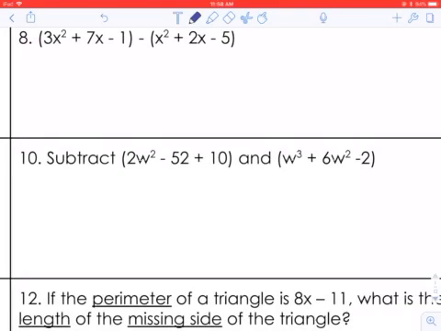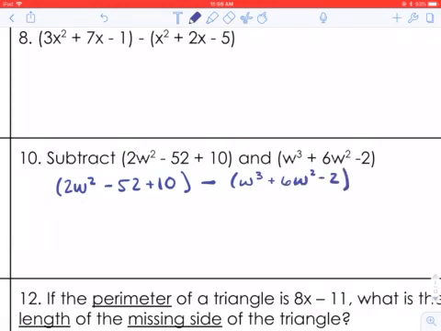and I'm actually going to work through this one with you guys. So it says subtract 2w squared minus 52 plus 10 and w cubed plus 6w squared minus 2. So that subtract means we're going to just subtract them. So I'm going to write it out. All right, and we're going to do the same thing we did in that subtraction example.